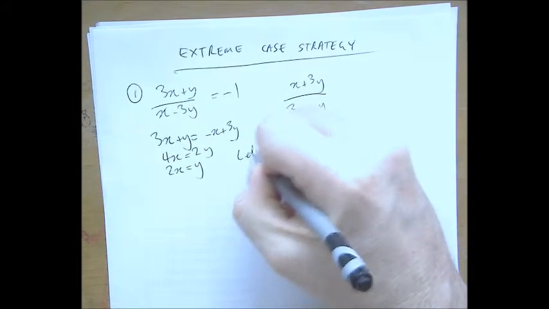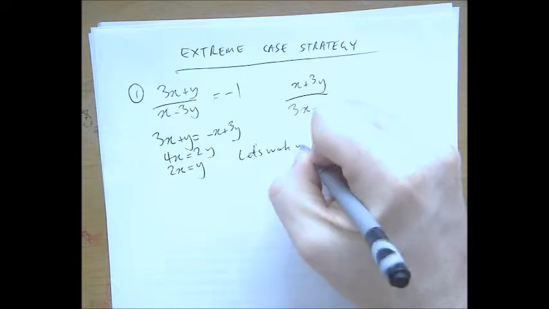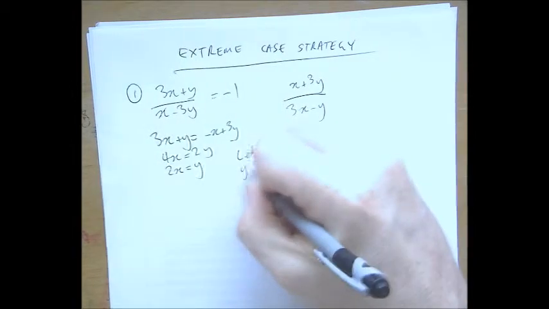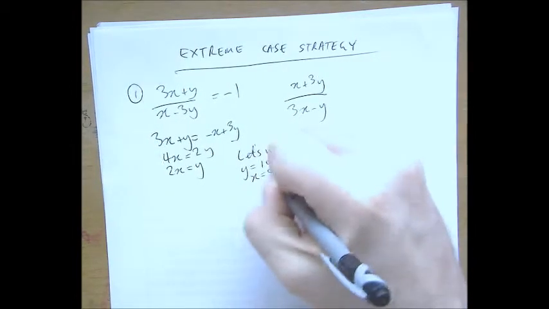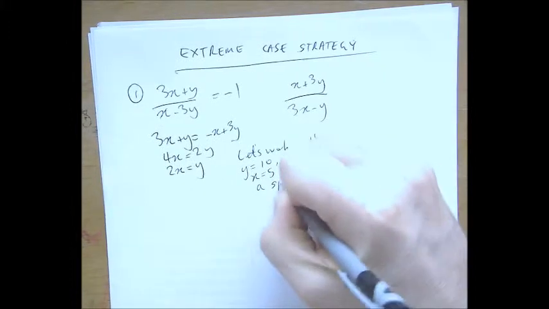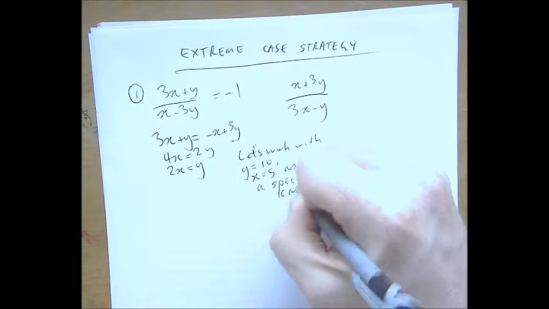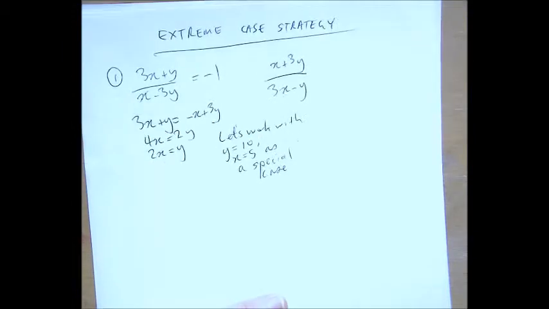So let's work with y equals 10, x equals 5 as a special case. You have to write this so it's clear you're using the extreme case strategy.